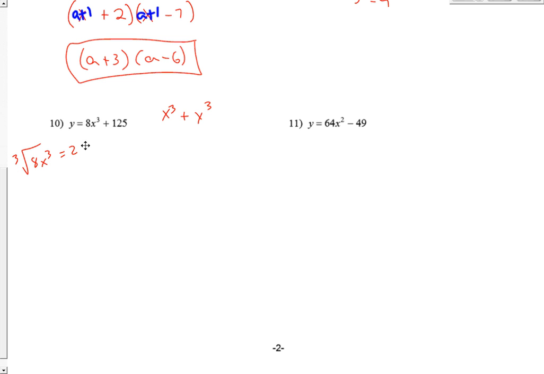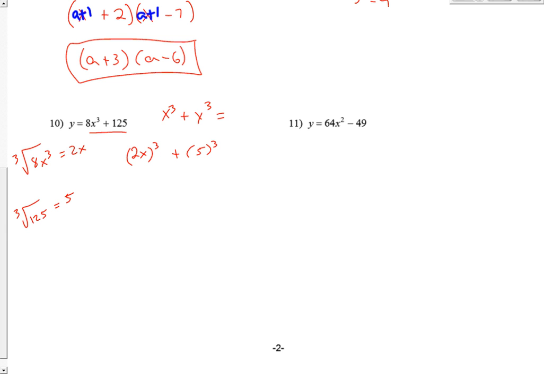The cube root of x cubed is x. And then the cube root of 125 is 5. So what I really have here in this expression is a 2x that is being cubed plus a 5 that is being cubed.